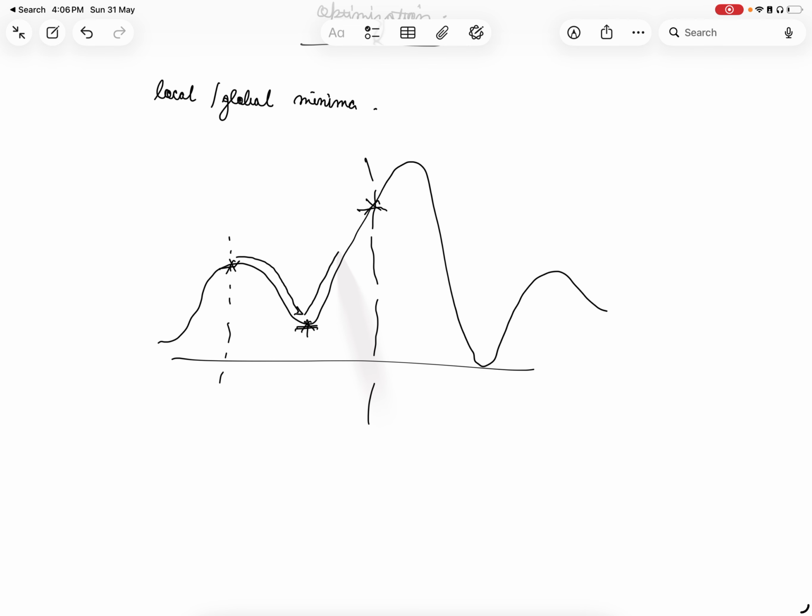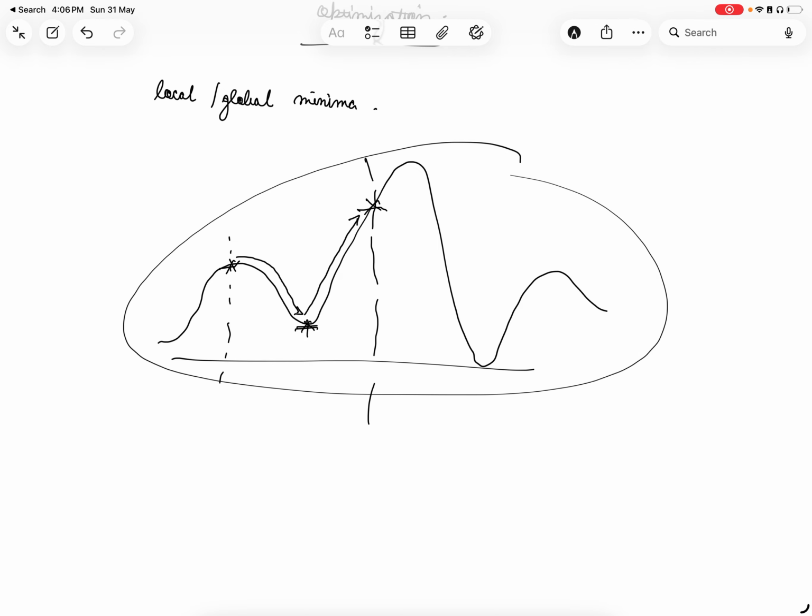Suppose we come here, and when we reach here, we stop. And if somebody asks you what is the lowest point in this whole area, we will say point A. But is point A the minimum location of this whole landscape? No, it is point B.